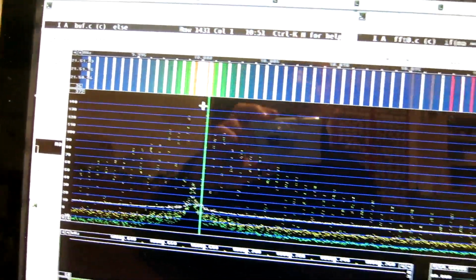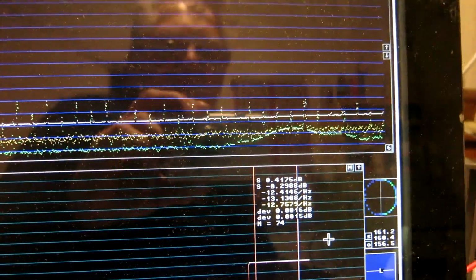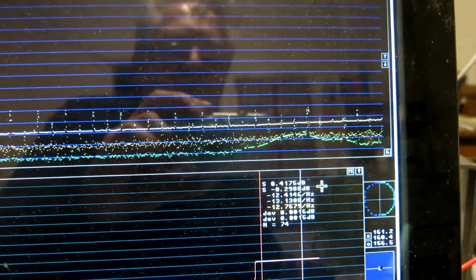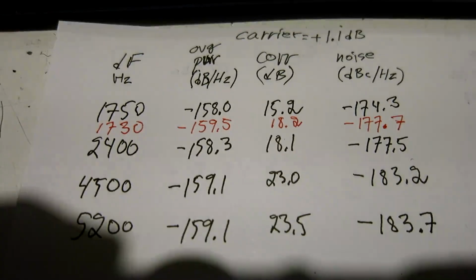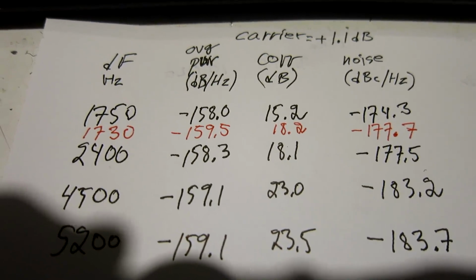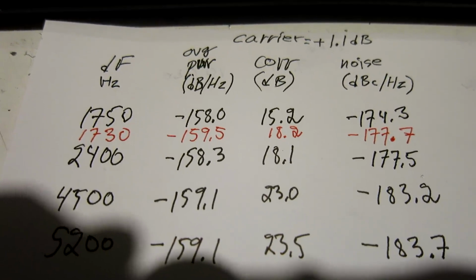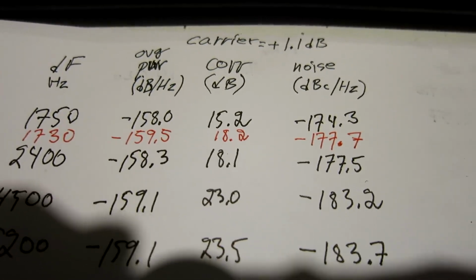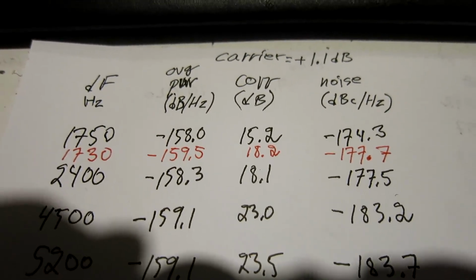I have clicked on the carrier to get the carrier level, and it's on the average, well, close enough to 0. I take the average of these two. And as compared to the previous value I obtained at 1750, which didn't change much if I stepped around that frequency, it is now about 3 dB better because of the double precision computations.